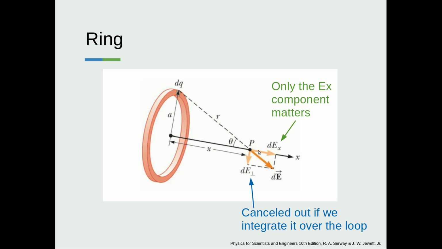We are standing right here, and we are measuring the direction and the strength of the electric force. So let's pick one piece of the ring. This is dq, and the dE here is the electric field created by the dq. Originally the direction is pointing like this. For our analysis, we decompose the dE into two components.